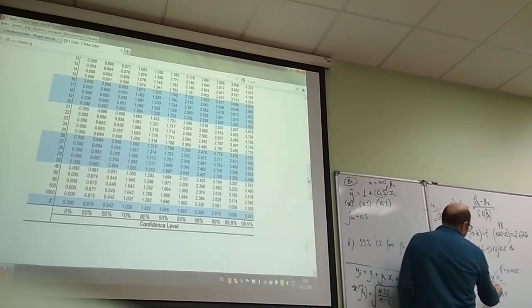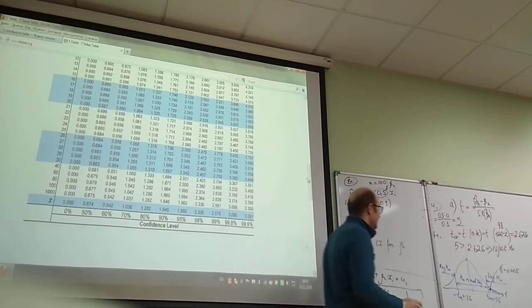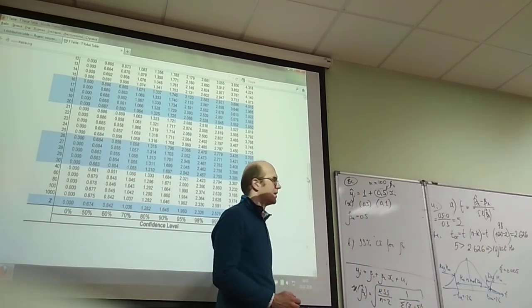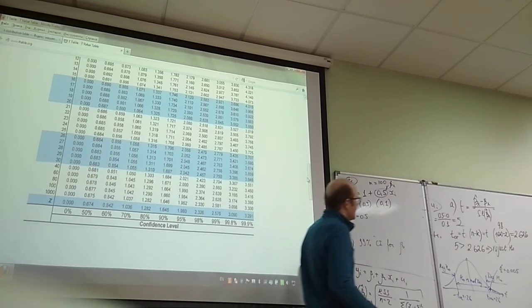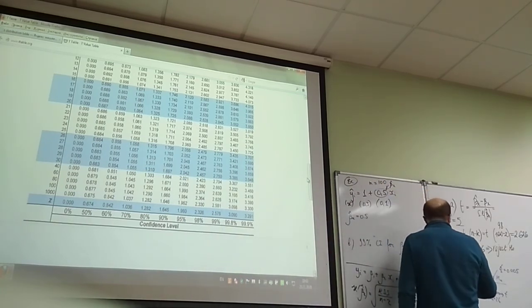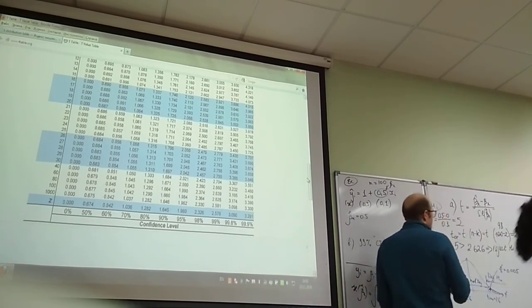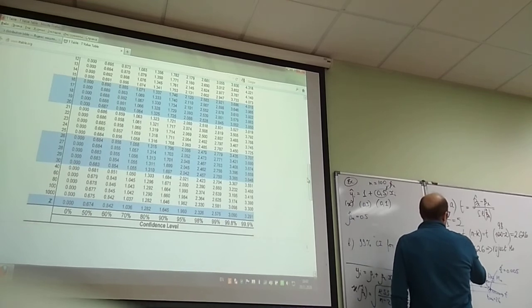So if you are worried about the area of the right tail, the area of the right tail was 1/2 of the percent of 1%, and the area of the left tail was also 1/2.